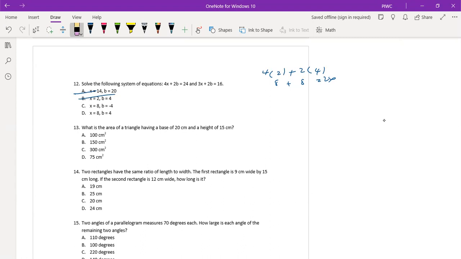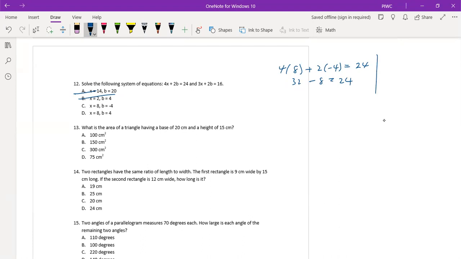What about C? C, you have 8 and negative 4. So you have 4 times 8 plus 2 times -4. Does it give me 24? Let's see, this is 32 minus 8. This is 24. All right, so this works out.